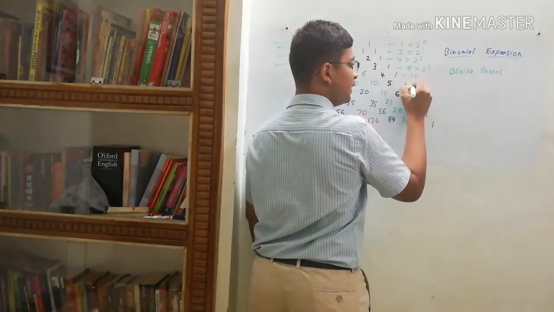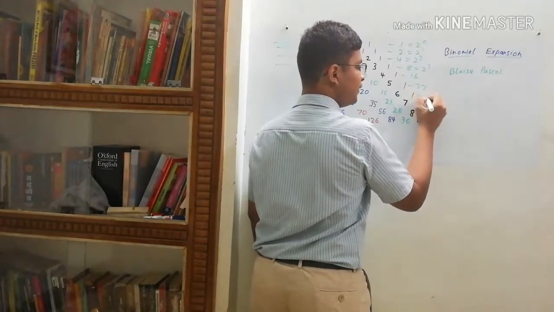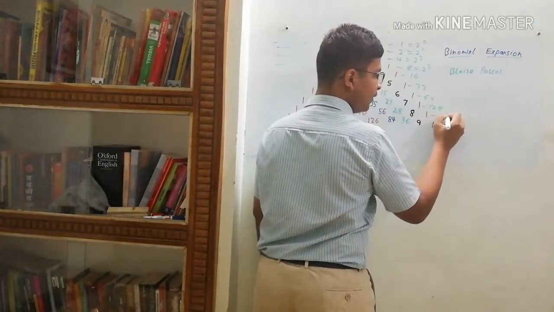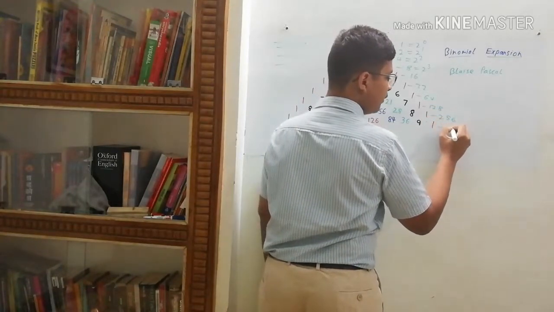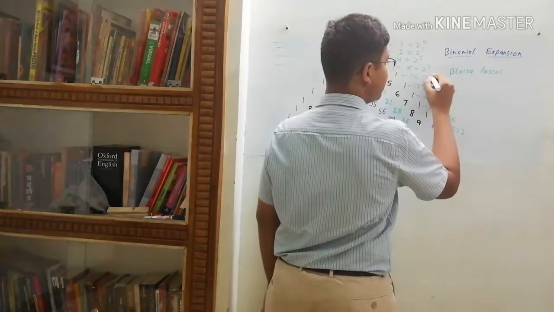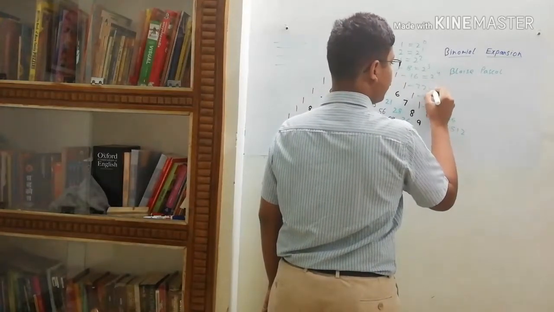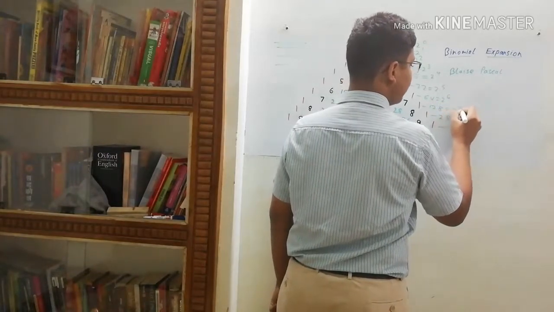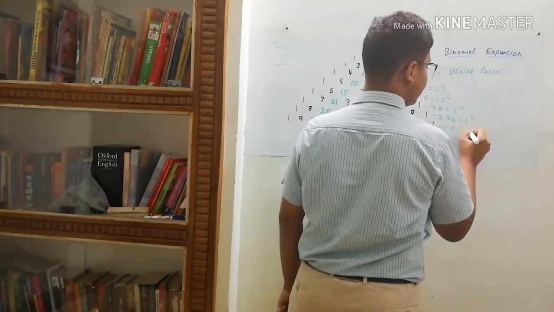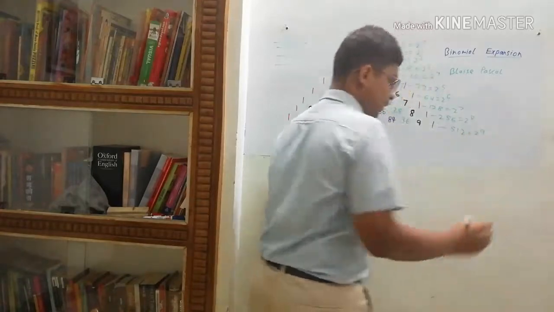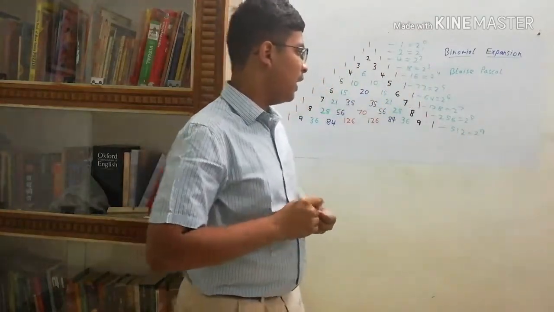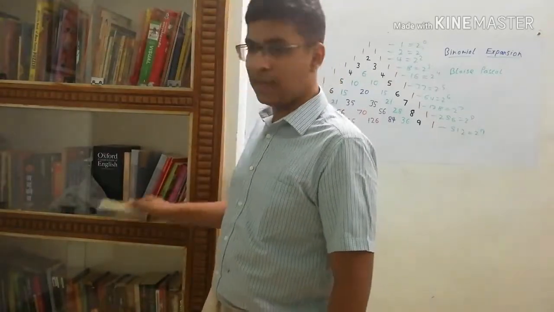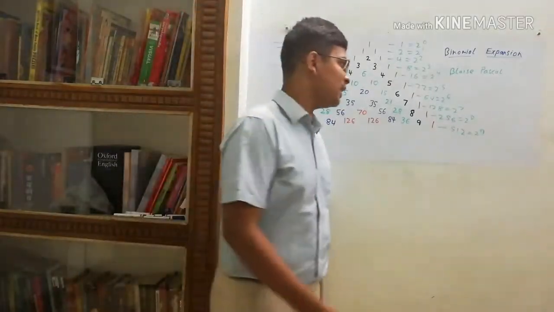Then 16, then 32, 64, 128, 256, and at last 512, which equal 2 to the power 4, 5, 6, 7, 8 and 9. I am stopping at 9 to keep it simple.